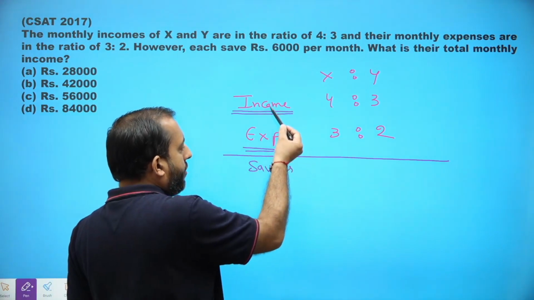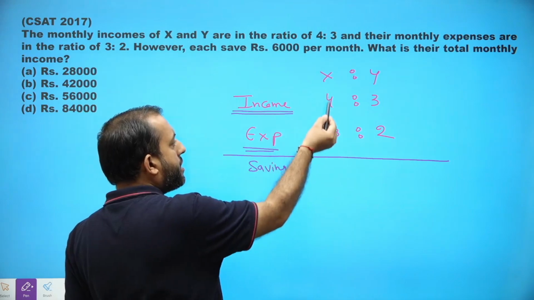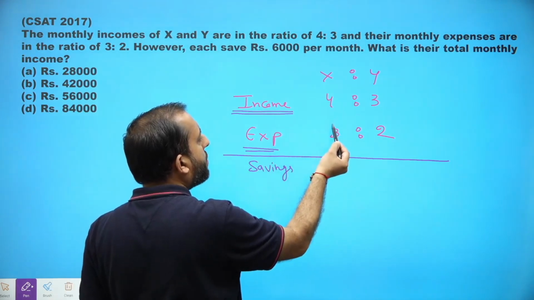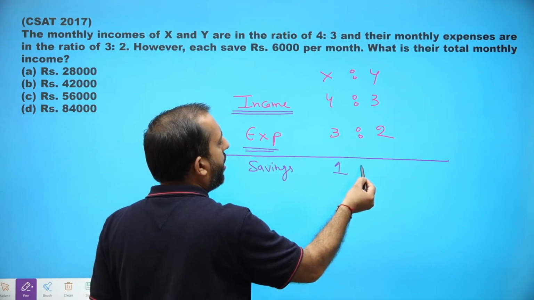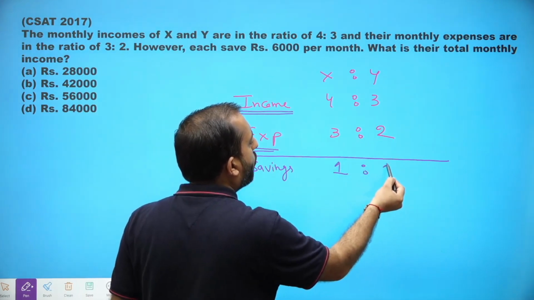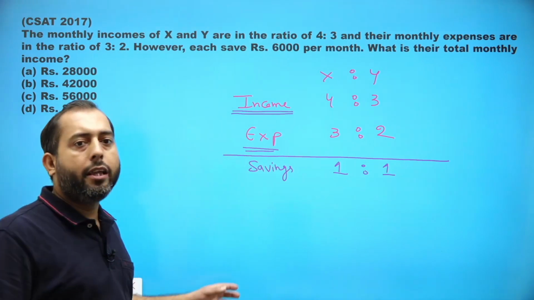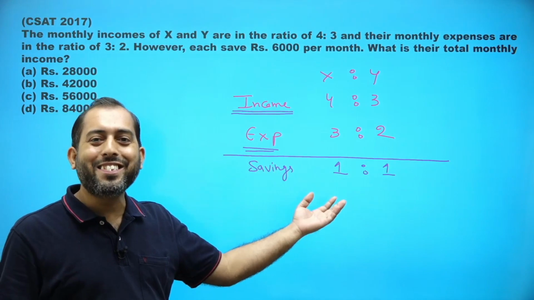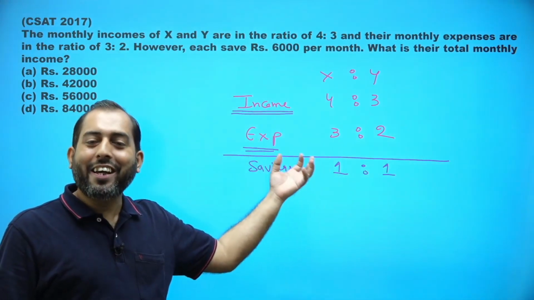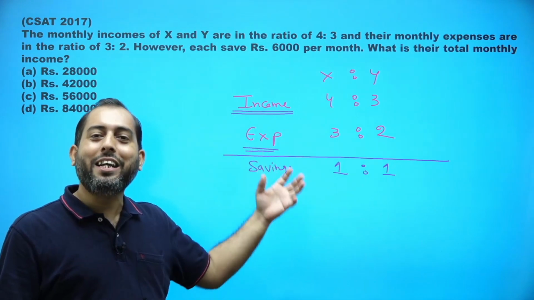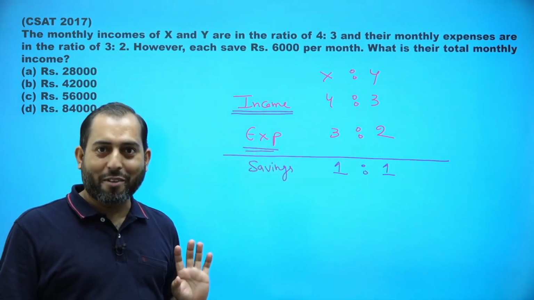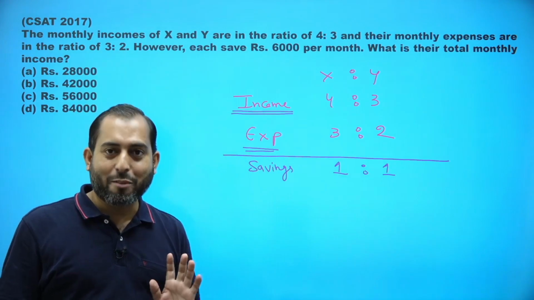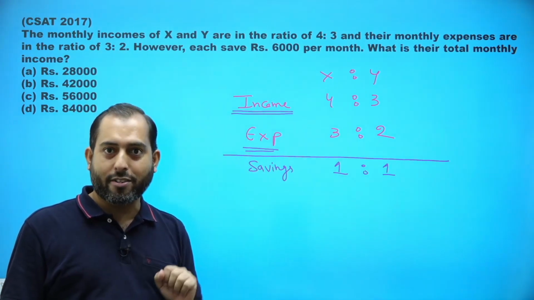They just directly subtract these ratios. 4 minus 3, 1. 3 minus 2, 1. And then they solve the problem. Over here, by chance, this is logically and mathematically absolutely correct. By chance it is correct, but it does not happen always.